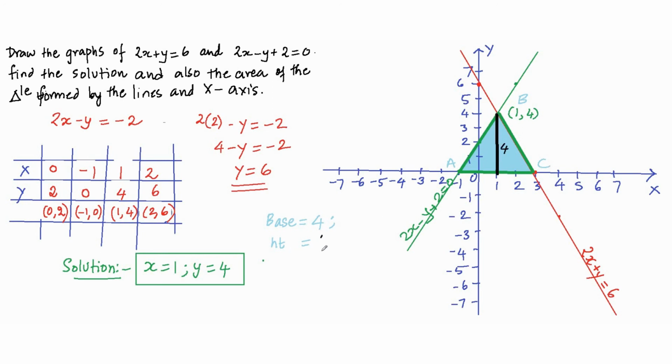Therefore the area of the triangle ABC will be given by half into base into height. That is going to be 8 square units. This is the area of this given triangle.